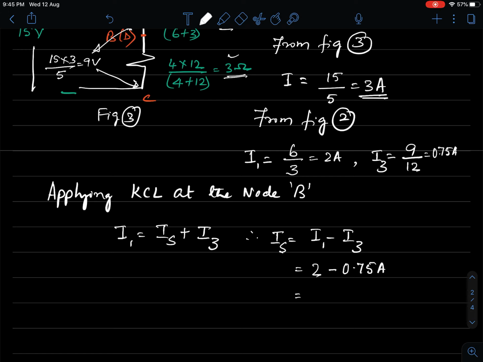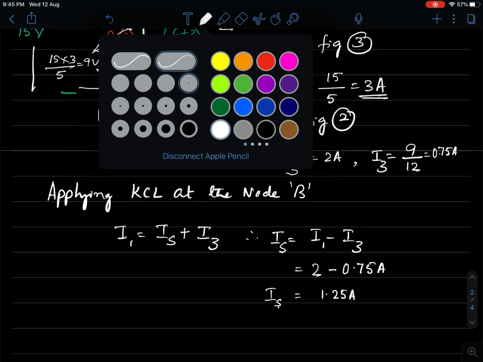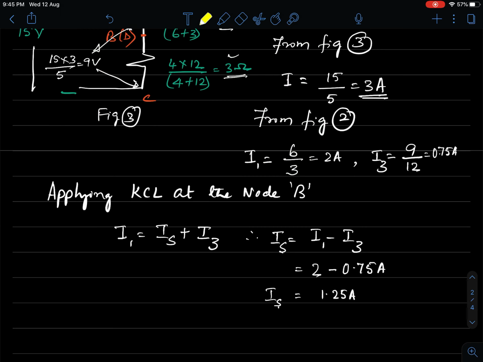If I subtract one from the other, I will get 1.25 ampere. This is the current through the switch. There is going to be 1.25 ampere of current through the switch.